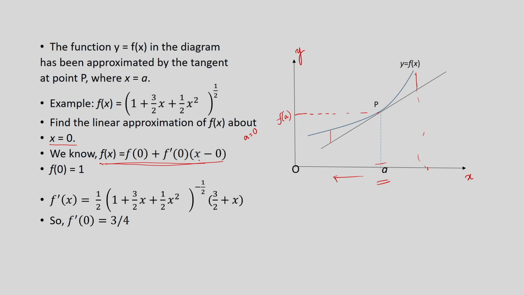Now, here what we do not know is f dashed of 0, that we need to find out. So, this one we need to know, and f of 0, that also we need to find out, and if we put those things on the right hand side, then we are through.